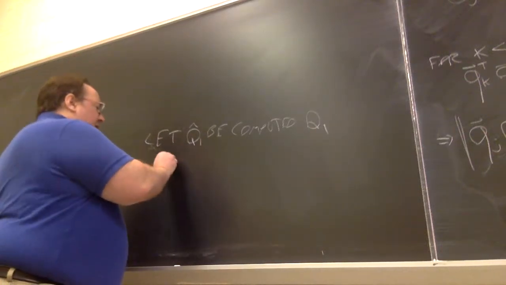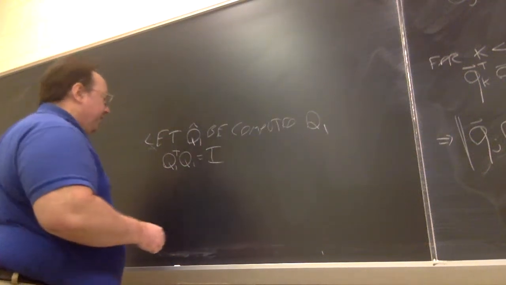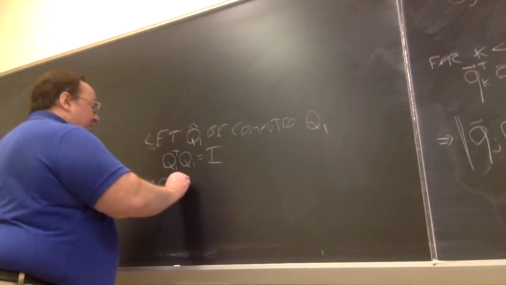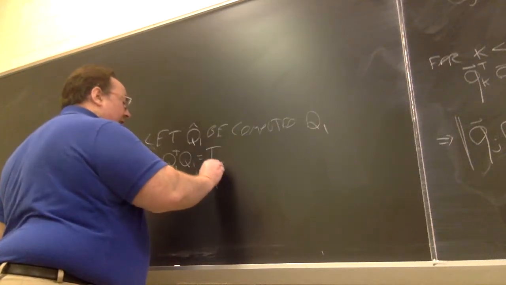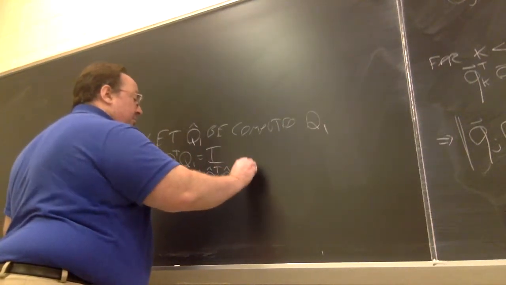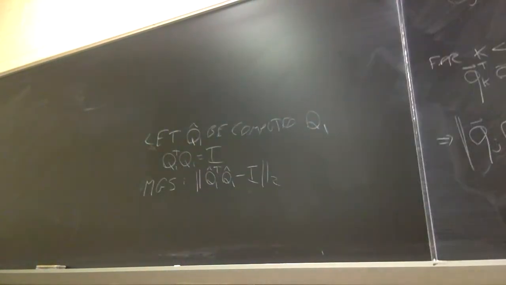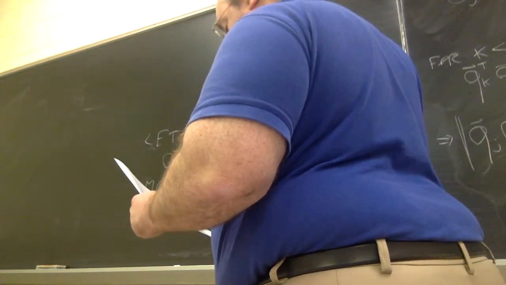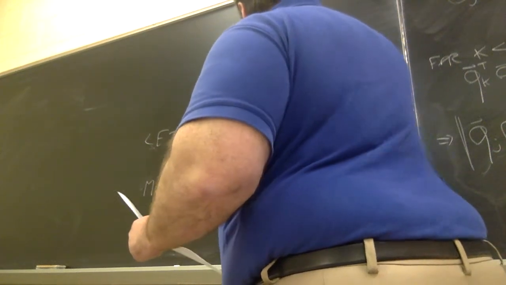So Q1 transpose Q1, as I mentioned at the beginning, is supposed to be identity. Now, if you're using modified Gram-Schmidt, what we can say is that Q1 hat transpose Q1 hat minus identity, which is supposed to be 0, but the theory behind this indicates that it's proportional to U.